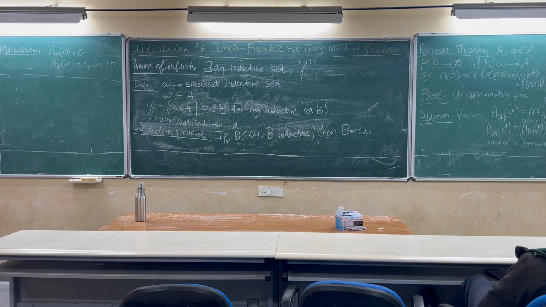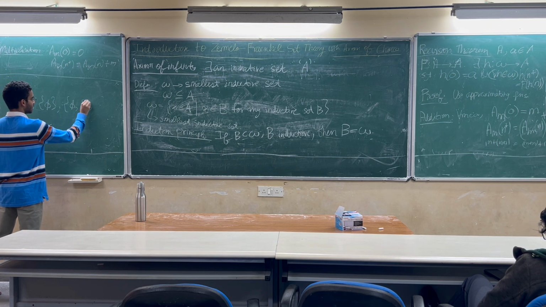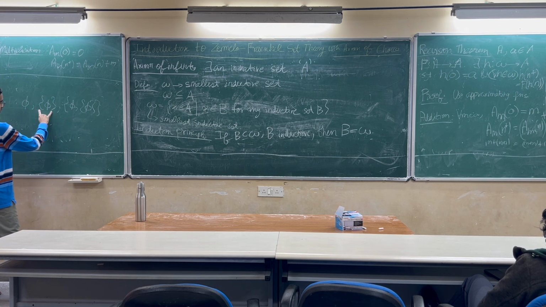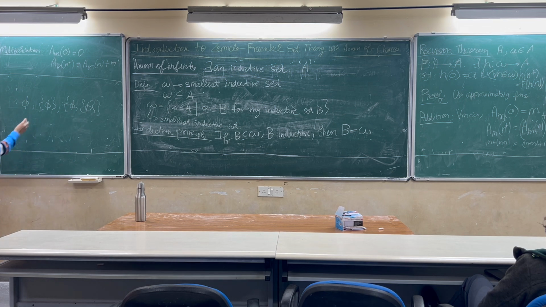And finally, natural numbers basically look like this. This x will be the successor of this, which will be just adding a new element, which is itself. This is added to get this, and so on. So we observe that this is contained in this is contained in this, and so on, and also a subset.